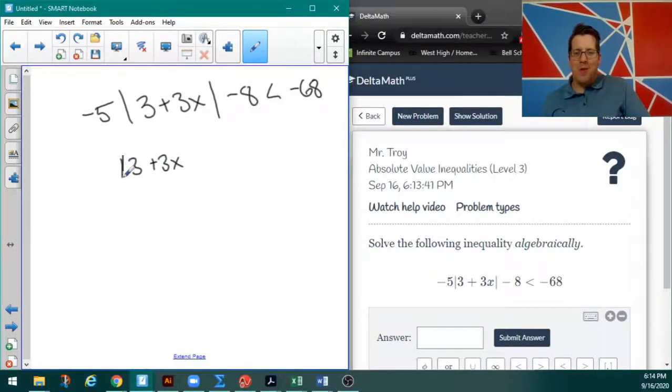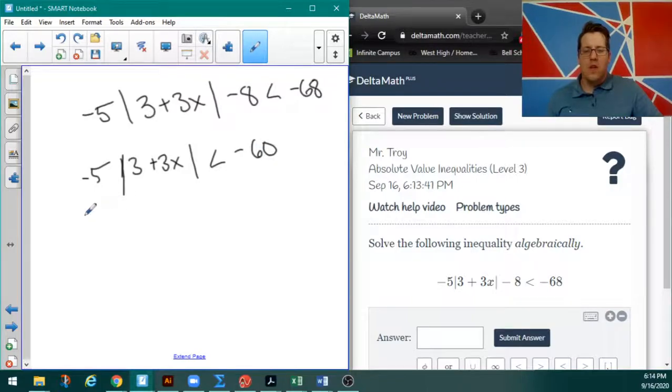And make sure your absolute values look like absolute values, not like 13s or 31s or whatever. So remember, if I divide by -5 outside of the absolute value, that's going to flip my inequality around.